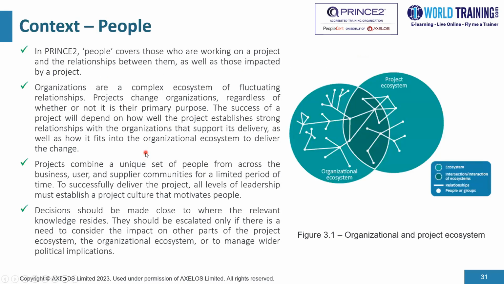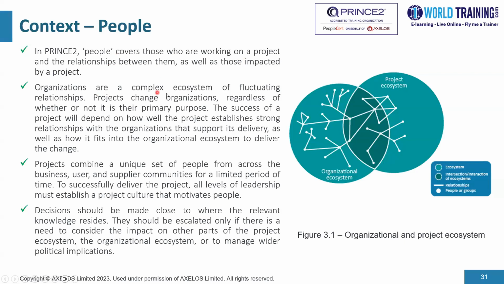Now, people are at the center of organizational and project ecosystems. In PRINCE2, people covers those who are working on a project and relationships between them, as well as those impacted by a project.